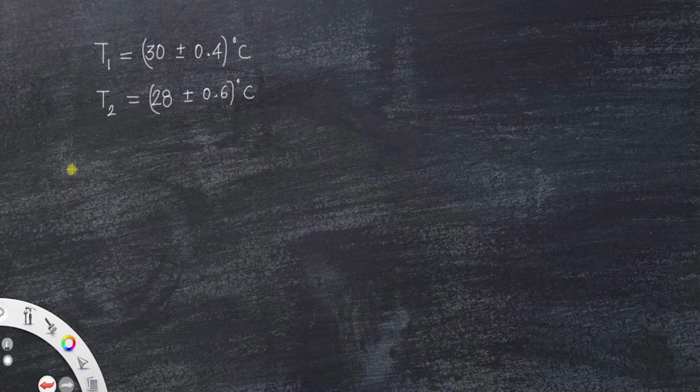So we want to find the difference in temperature. So the difference in temperature, let's take T, we write that as T1 minus T2. Now, like we discussed before, T1 is equal to 30 degrees Celsius, delta T1 is equal to 0.4 degrees Celsius.